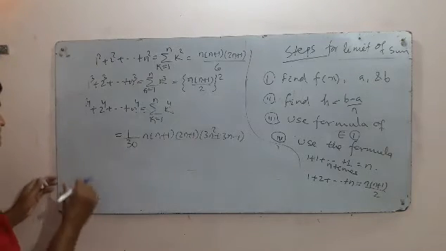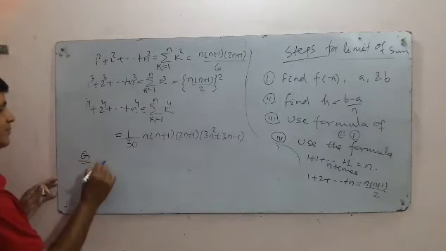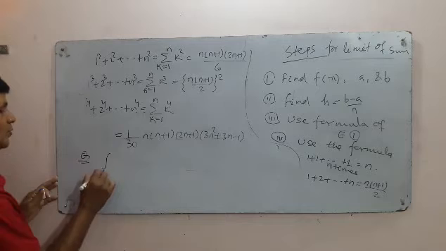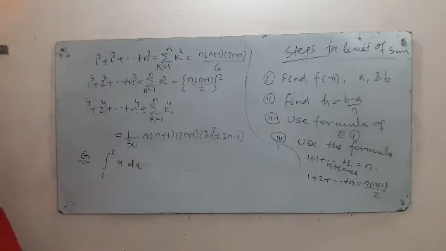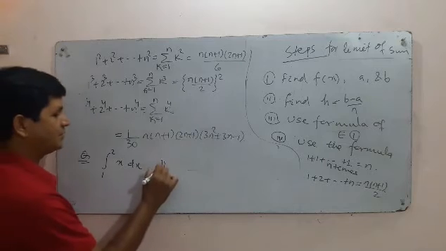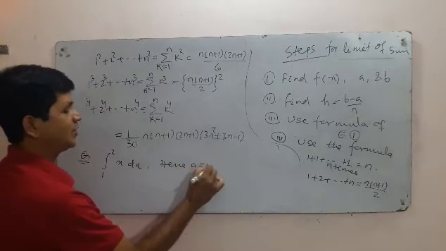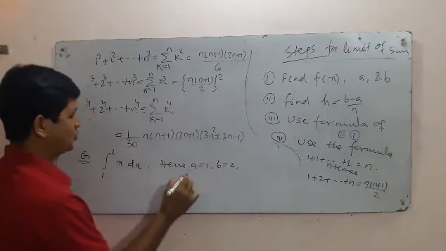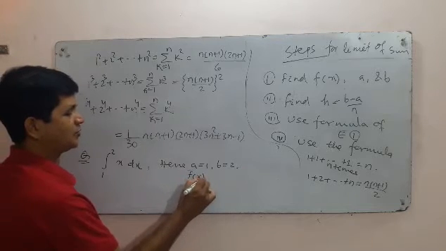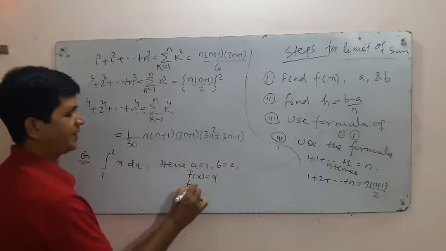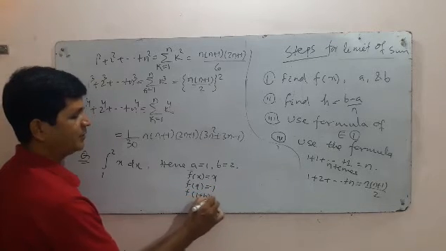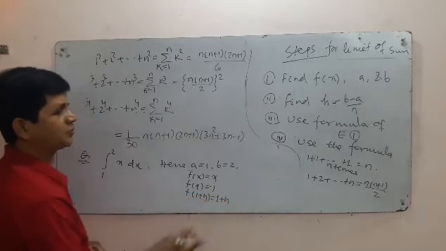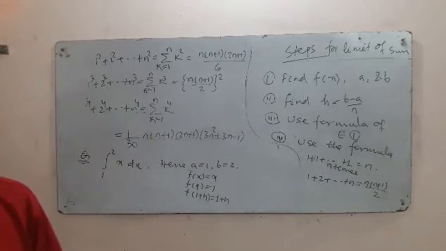Come to one question. Integration from 1 to 2 of x dx. Here a is equal to 1, b is equal to 2, f of x is equal to x. So f of 1 will be 1, f of 1 plus h will be 1 plus h, f of 1 plus 2h will be 1 plus 2h, all this, right?